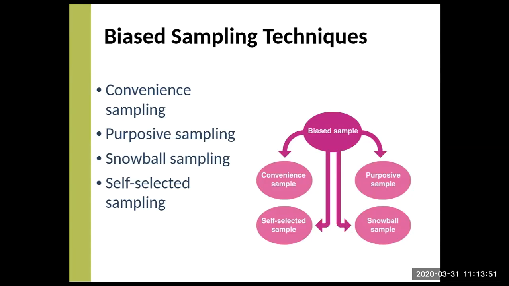In this case, you'd be handing out your survey in front of gyms, not anymore because they're closed, but you would be, or maybe at parks where you see people playing sports. But you're not going to just randomly go anywhere and ask people, hey, how much do you exercise? So purposive is doing something with an agenda.